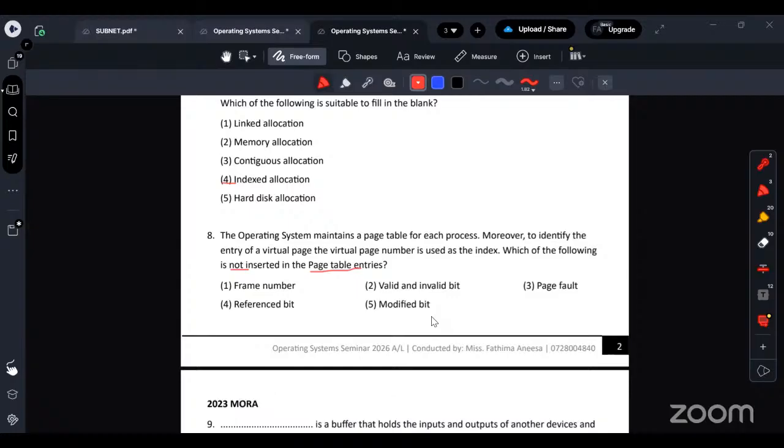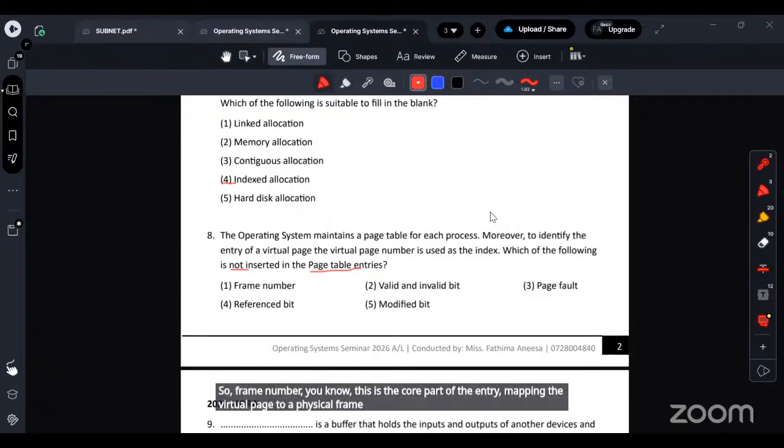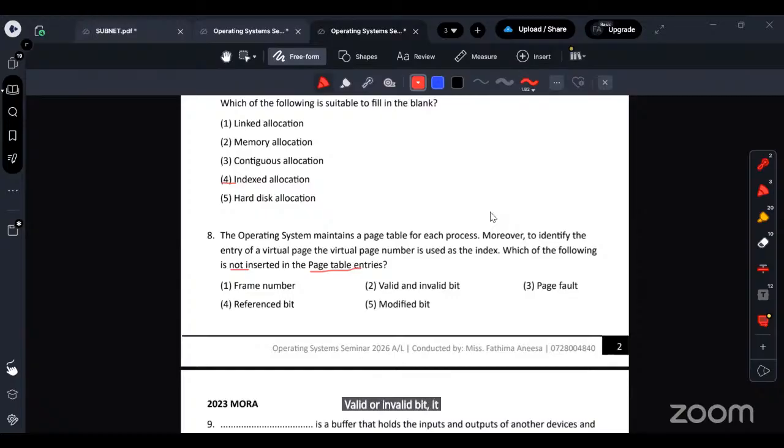Frame number, it is. Valid and invalid bit. Okay, so I'll explain. Frame number is the core part of the entry, mapping the virtual page to a physical frame. Valid or invalid bit indicates whether the page is currently in memory or not.